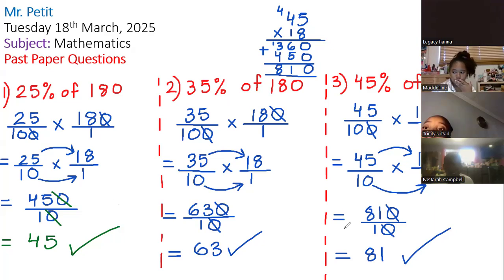Will it always be a whole number when we get an answer, like how we got 81, 63? Well, it depends on how I divide. Each of these numbers is divisible by 10, so that's why it gives you a whole number, but you might get a number that's not divisible. Or a number that can cancel? Yeah, so you have to actually divide it. All right. Yes, sir. Good.